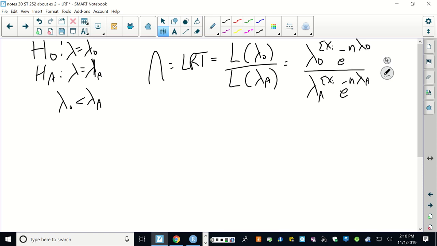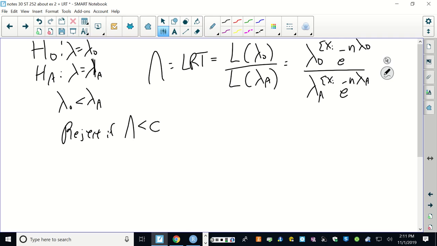So this thing can be small. It can be less than 1 if the data are, in fact, small. If the data are small, then the lambda 0 that's smaller is going to be more consistent with it. But if the data are big, if you have a lot of observations that add up to a lot, then the rate lambda should be bigger. So we're going to reject the null hypothesis if big lambda is less than c.